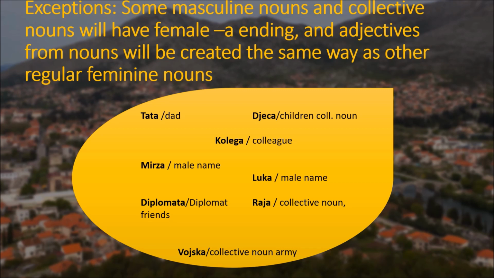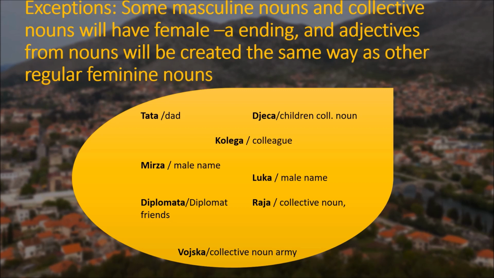So if you were to say tata, djeca, kolega, Mirza, which is a male name in Bosnian, diplomata, Luka, which is also a male name, Raja, which is a collective noun meaning friends, and vojska, which is a collective noun meaning army, all of these will follow the regular feminine ending for the possessive adjectives.